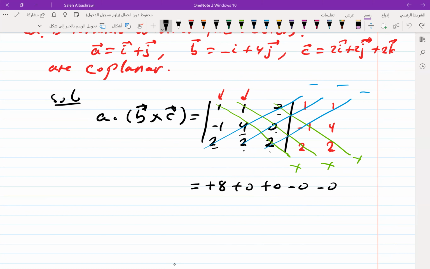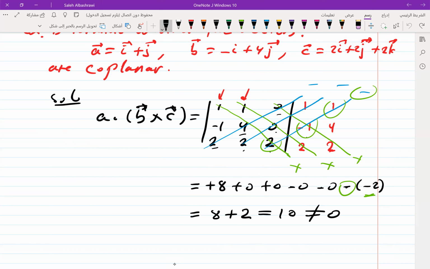Third one, 2 times minus 1 times minus 1, so this is plus 2, and with the negative sign from the formula it is minus 2. Now this will give me 8 plus 2, which is equal to 10. And 10 is not equal to 0.